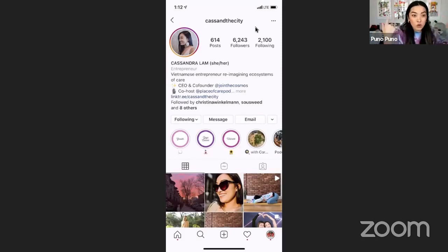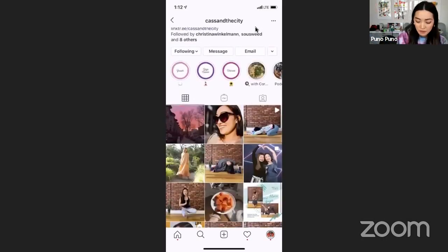The whole goal is to go through these rabbit holes, stalk the crap out of people, really see what these connections are and see what their posts are, see how people are engaging with them. Because if people are engaging with posts that they do and they're in a similar like-minded community as you, then it's going to be the same thing for you. Maybe not one for one, but it's a good place to start when you're creating content.